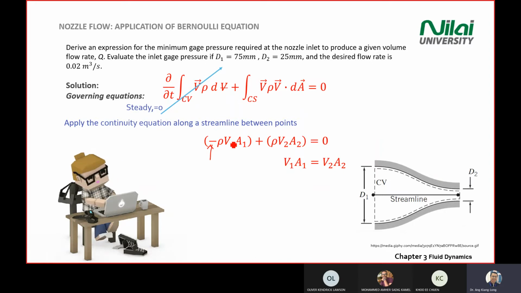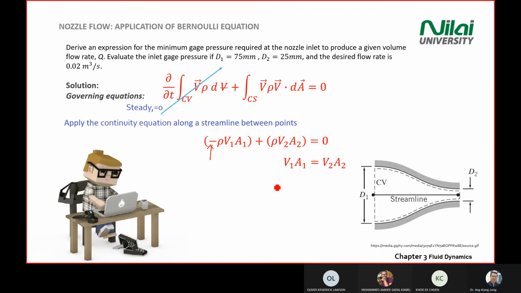We get a negative because the vectors of your area and your velocity are in opposite directions. That's why you get negative for section 1 and positive for section 2. Then from here, because we have an incompressible flow, you can take out the density in the equation. So we have V1 A1 equal to V2 A2.